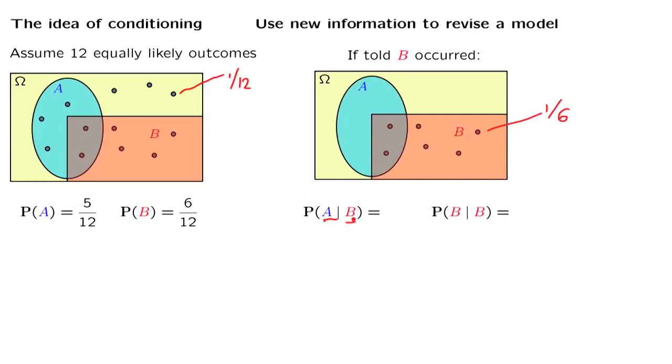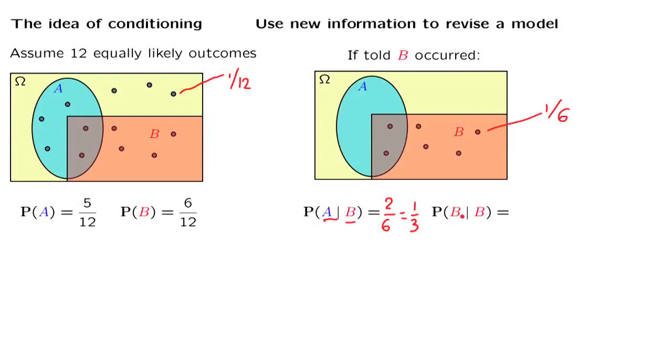So what are these conditional probabilities in our example? In the new model, where these outcomes are equally likely, we note that event A can occur in two different ways. Each one of them has probability 1 over 6, so the probability of event A is 2 over 6, which is the same as 1/3.